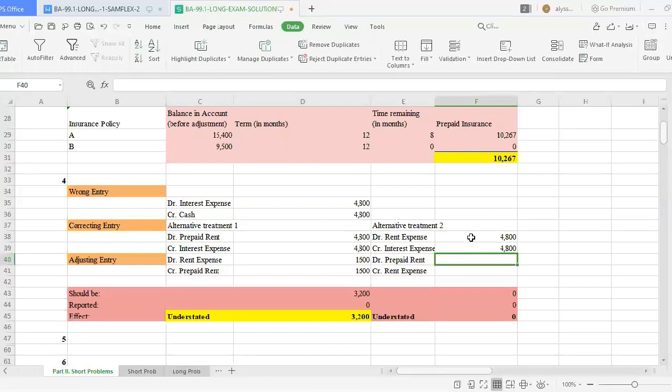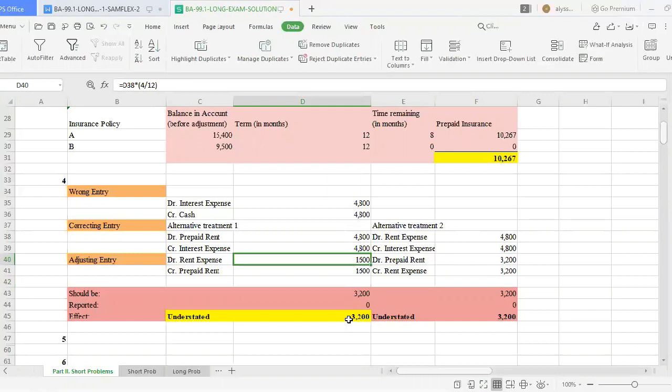So that's 4,800 times the remaining 8 months. So 8 divided by 12. So if you check that, 4,800 minus 3,200, that's 1,600 rent expense, same as here.